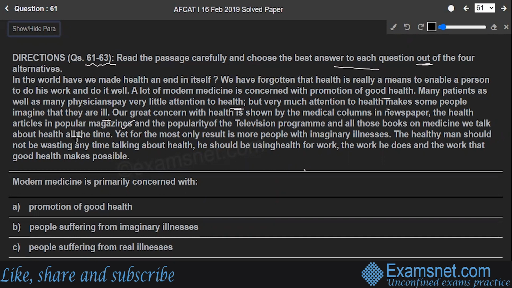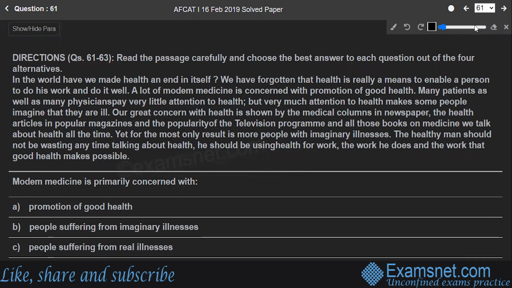We talk about health all the time. Yet, for the most only result is more people with imaginary illness. The healthy man should not be wasting any time talking about health. He should be using health for work, the work he does, and the work that good health makes possible.